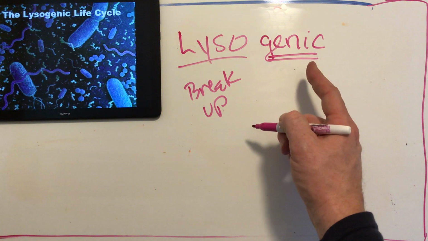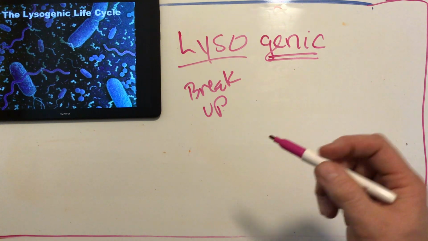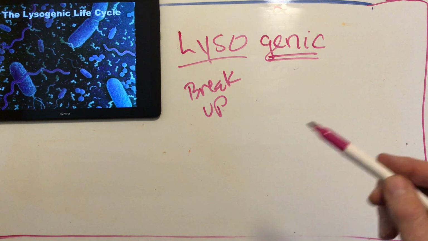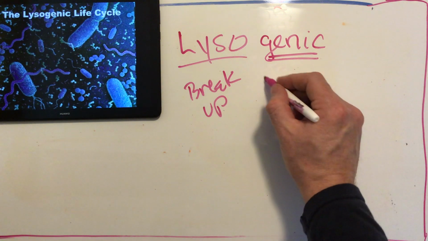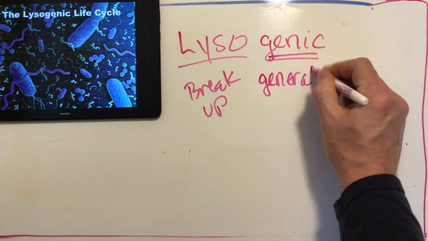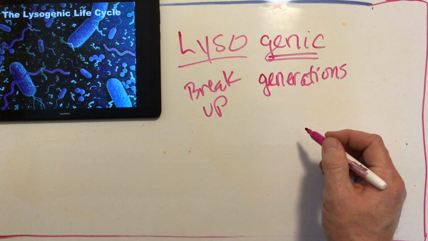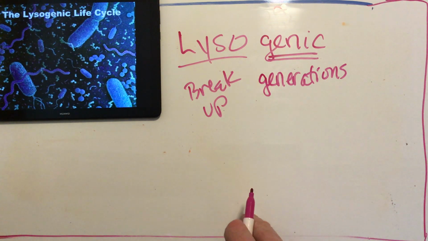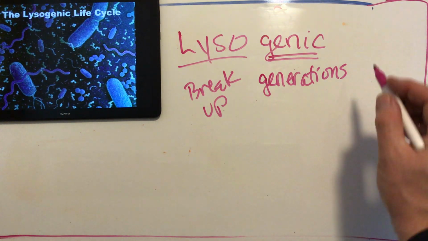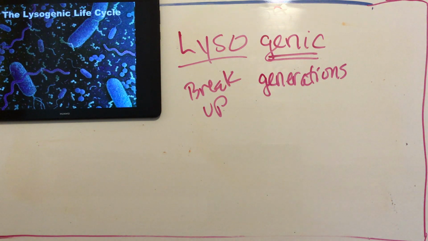We just did genetics. And genic means generation. One after the next, after the next, after the next. So that's what we come up with for this. Generations. All right? Parents, kids, their kids, their kids. So we're going to be seeing that here. And then, of course, life cycle means how this thing lives and continues to produce the next generation.